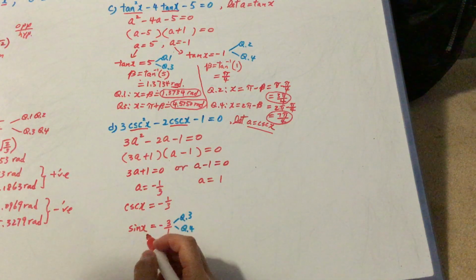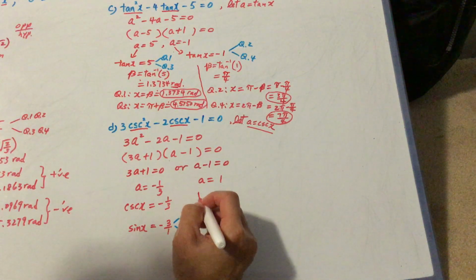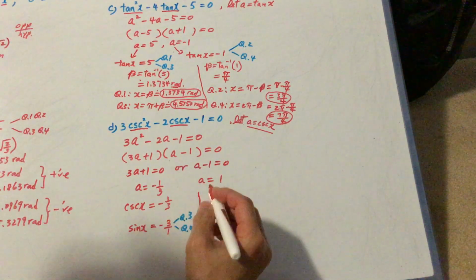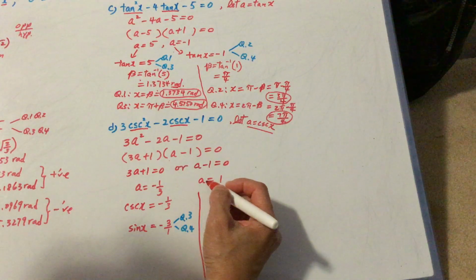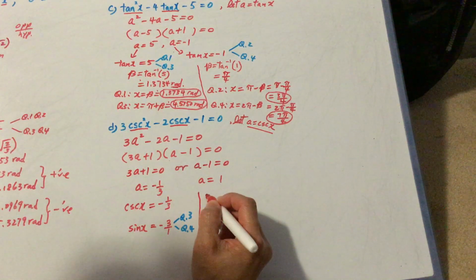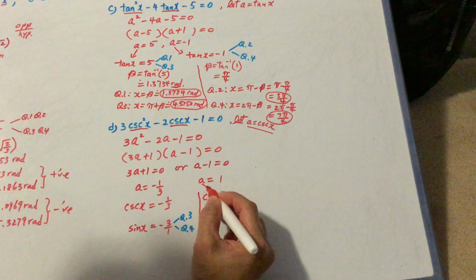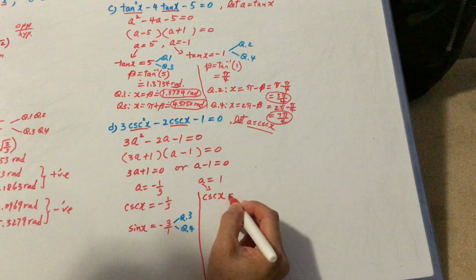So now, let me just go back, because the other possible solution for A is A equal to 1. So again, I replace the A with cosecant x, that is equal to 1.